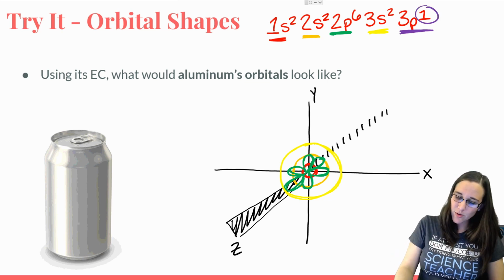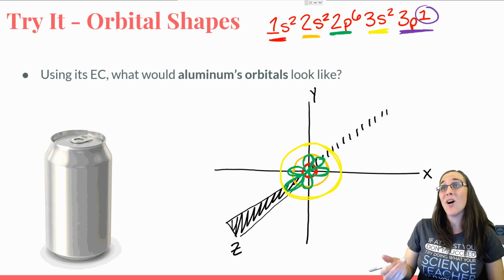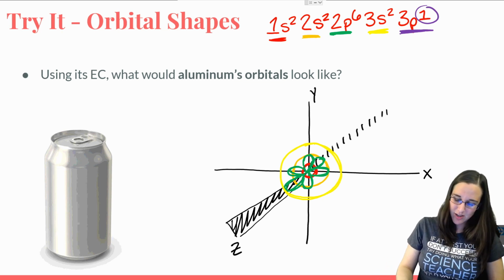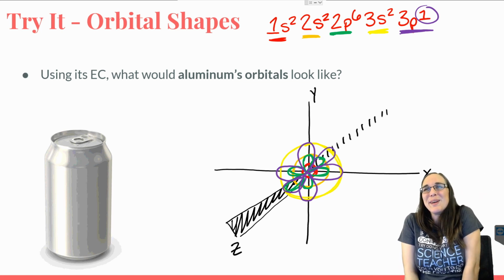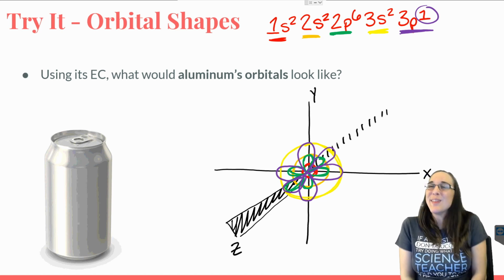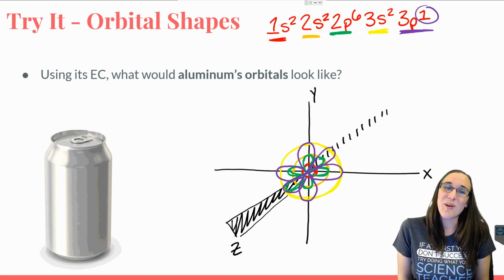Now, even though there's only 1, we still have to draw all 3 orientations. So that would be our Y orientation peanut, our X orientation peanut, and our Z orientation peanut. It's beautiful. Those would be your orbital shapes for aluminium.